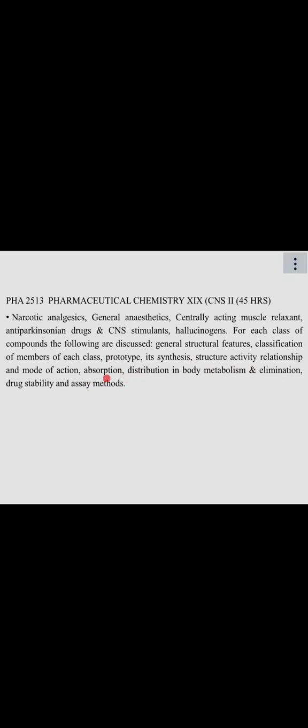I do not do a lot of pharmacokinetics because I know that you do a lot of pharmacokinetics in pharmacology, because considering all these different classes of drugs, we have to be careful, otherwise we will not finish. But we do look at metabolism, which is very important, elimination, and the stability and some of the assay methods. So that will be our unit this semester.